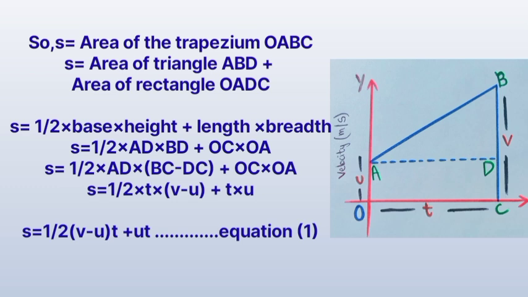So S equals half into t into, BC is v and DC is u, plus t into u. S equals half into (v minus u) into t plus ut. This is the first equation.